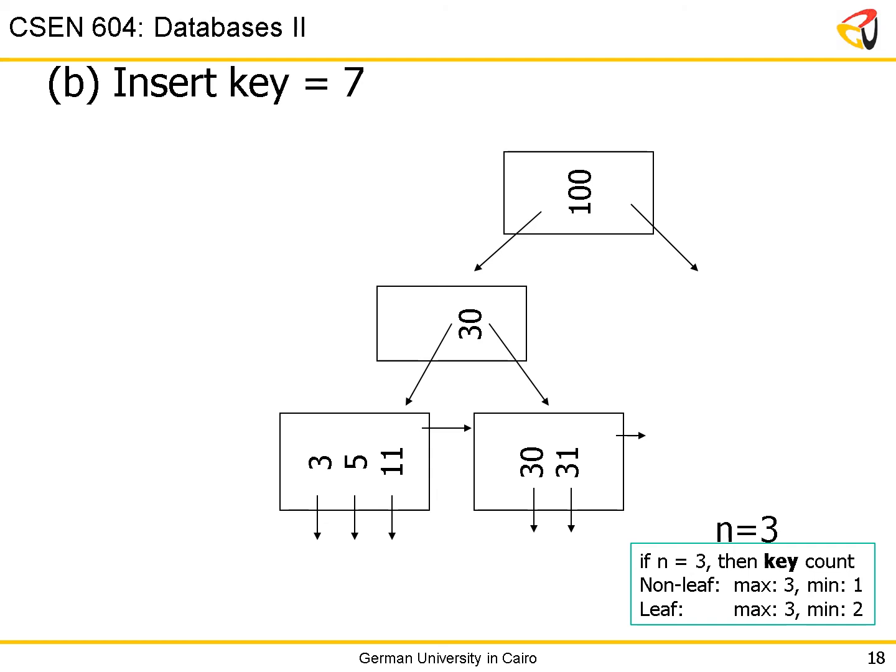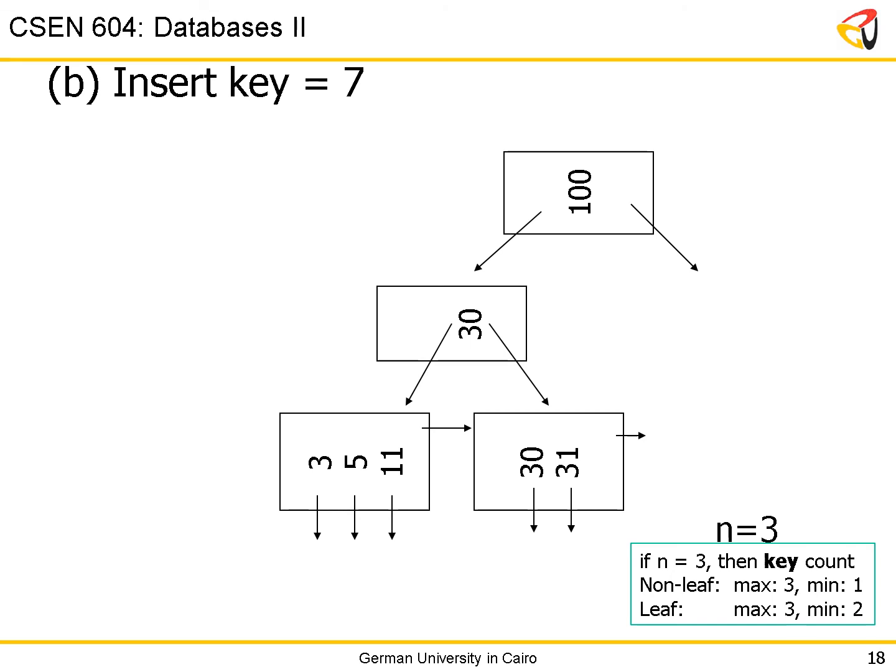So what I'm going to do is I am going to actually check the adjacent node to the right, because since the 11 is the rightmost key in the node, I'm going to check the one after it. So I'm going to follow the sibling reference to the one that has 30 and 31, and I'm happy because actually there are only 2 keys, so I can move the 11 there. Now, when I move the 11 there, I've emptied the space for the 7, so I'm going to insert the 7.